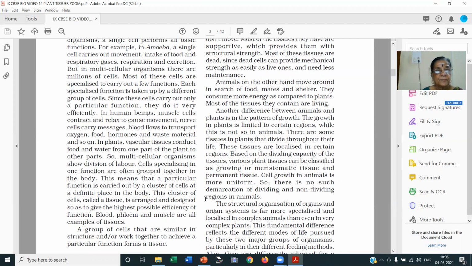I hope you understand. So blood, phloem, and muscle are examples of tissues. Note the example.